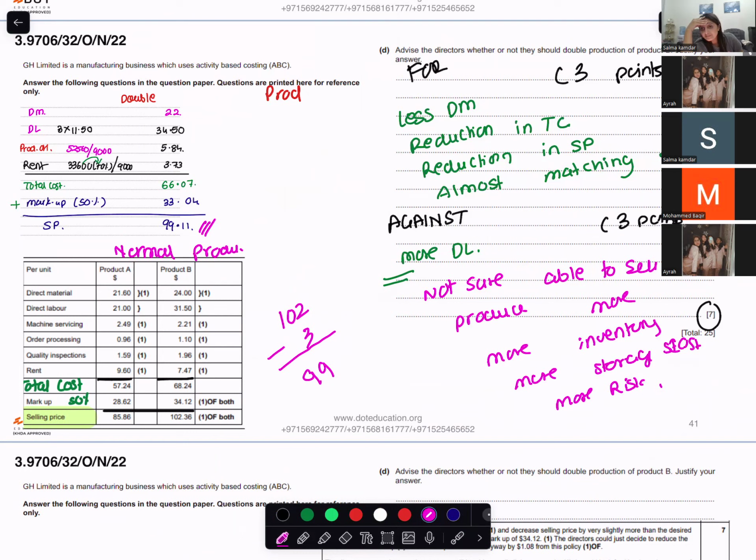Now, advice. For advice, I would say that they should not double the production because I think it is more risky.